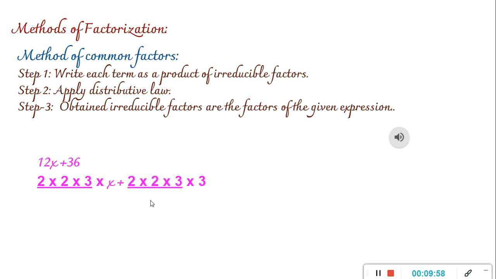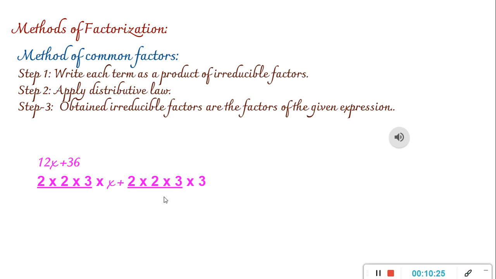If you look closely, this 2 into 2 into 3 is common to both the terms, right? So basically 2 into 2 into 3 is behaving like our A. This x is behaving like B and 3 is like our C. So this expression is of the form A into B plus A into C. What is A into B plus A into C?